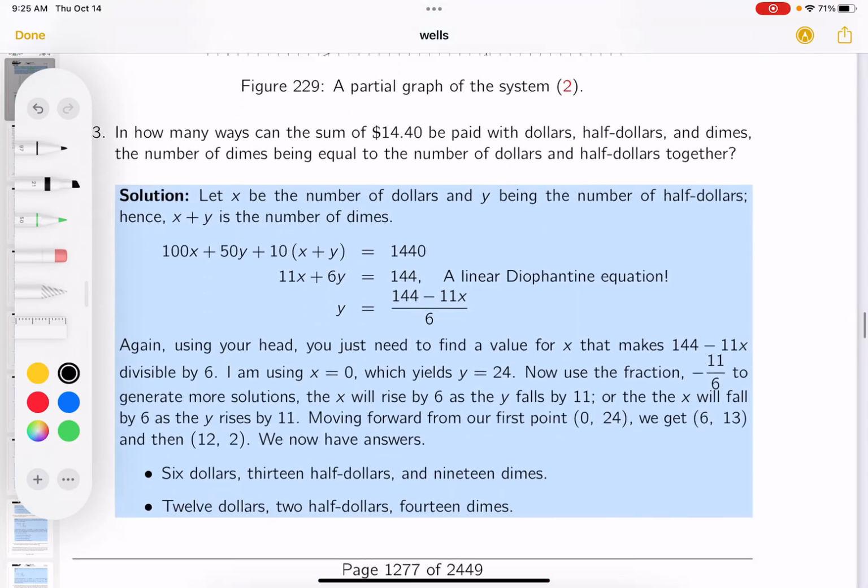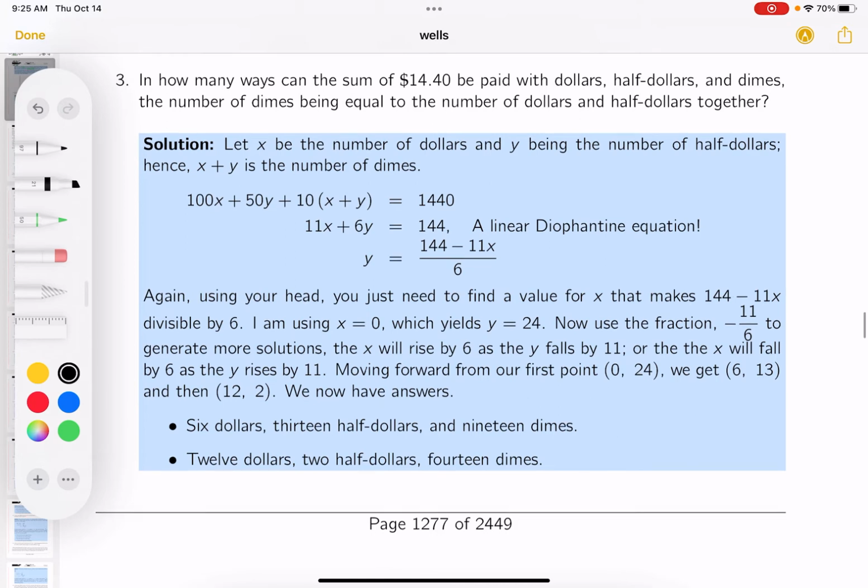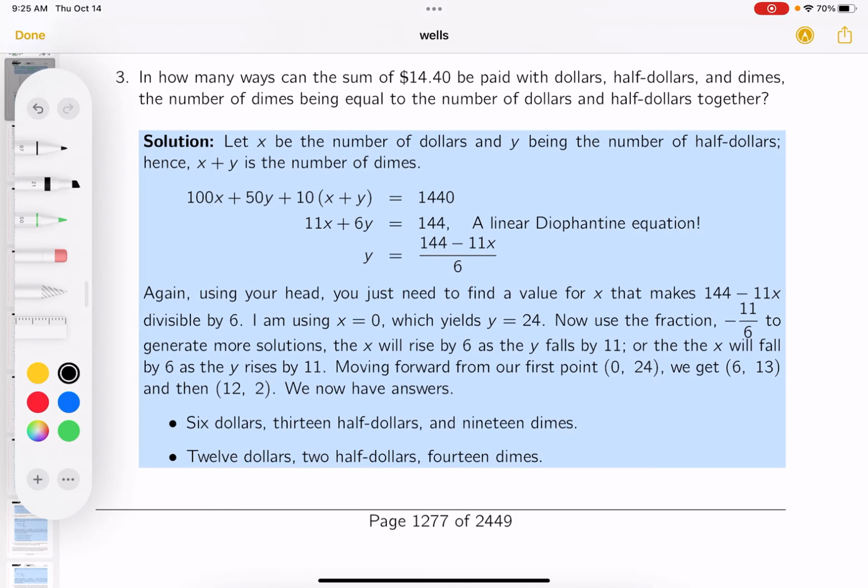I mentioned the reason integer problems are so interesting to us is that the world is composed of integers. And a lot of times the solutions to problems really don't involve fractions. They involve integer values, all right? So I want to read number 3 to you. It's a word problem. The sum is $14.40.